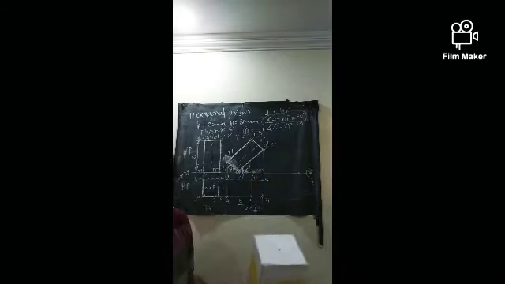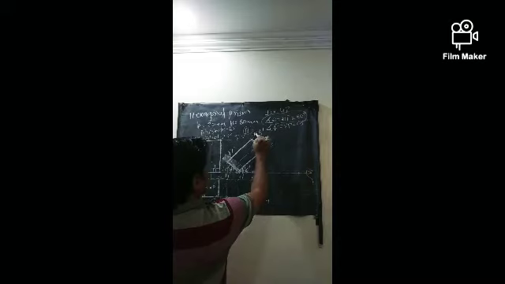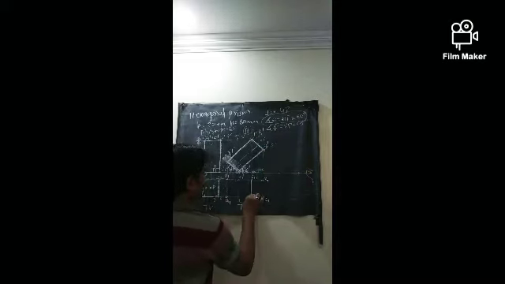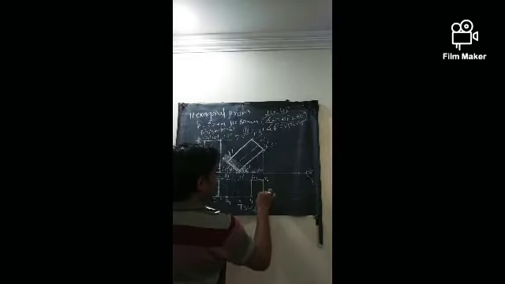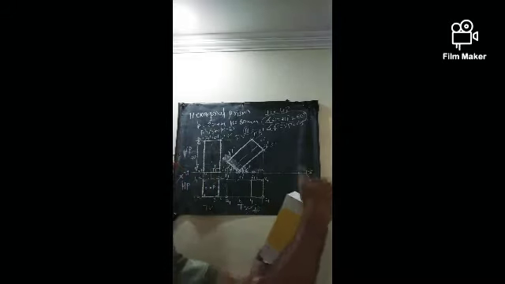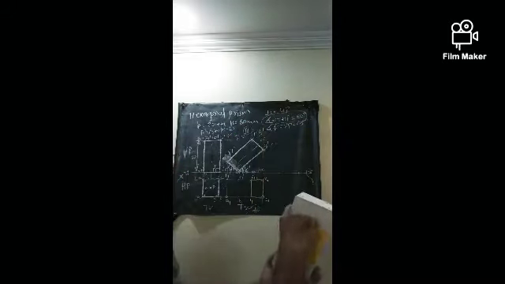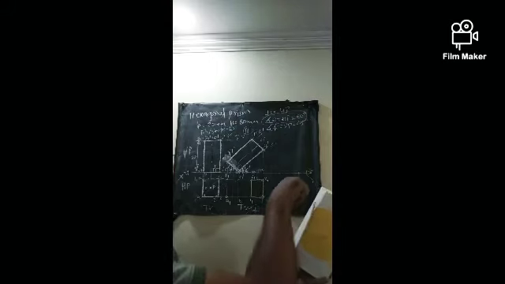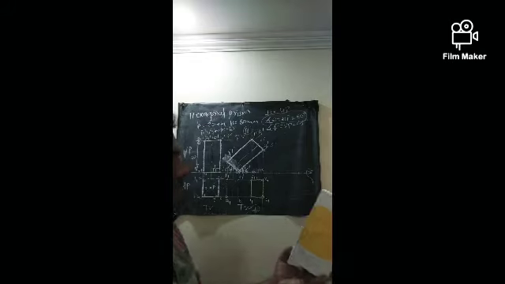Which are the top corner points? The top corner points are 1 dash, 4 dash, 2 dash and 3 dash. That means 1, 2, 3 and 4. This top should be visible. Later on, when looking from the top side, this edge and this edge and this, so 1, 2 and 3, these 3 edges will be visible.